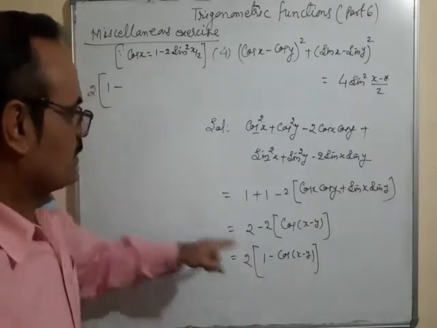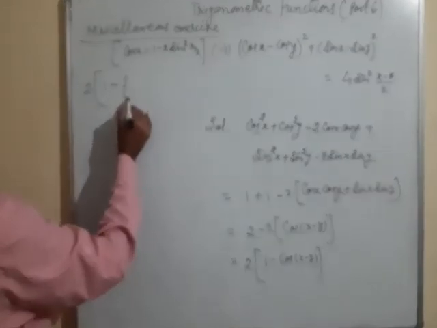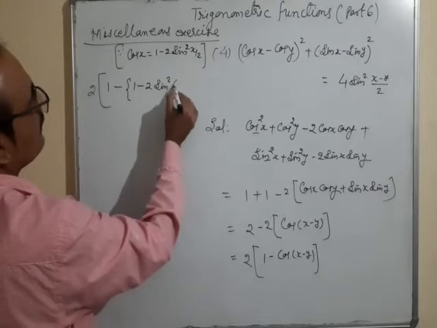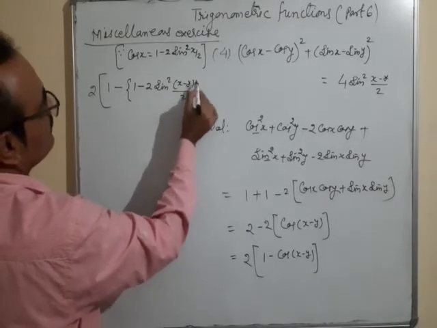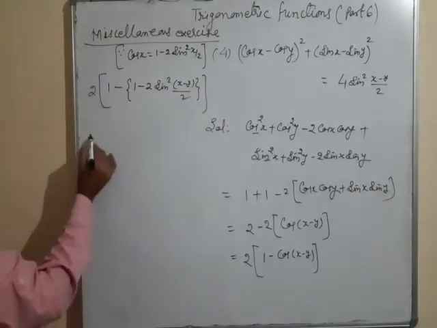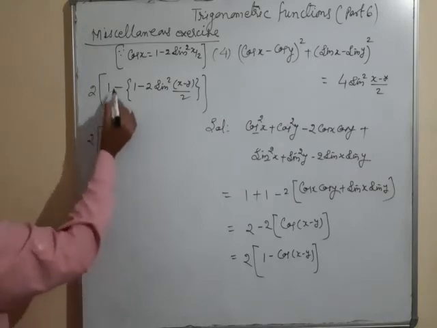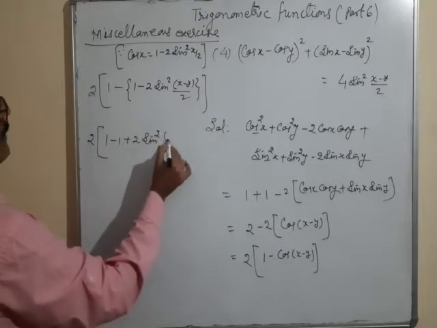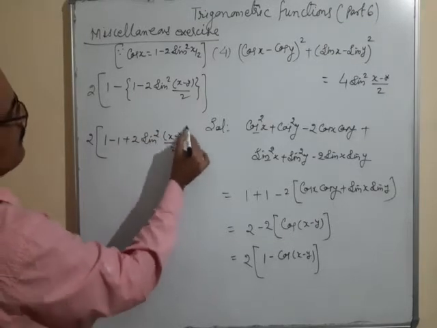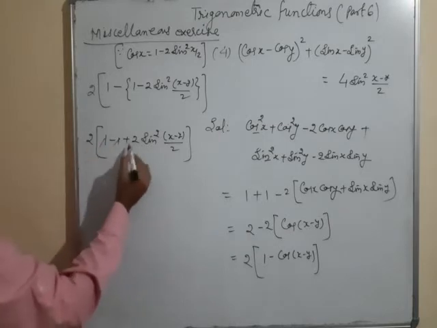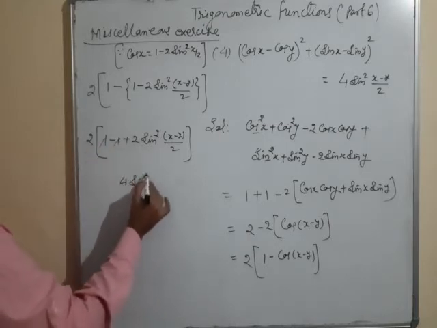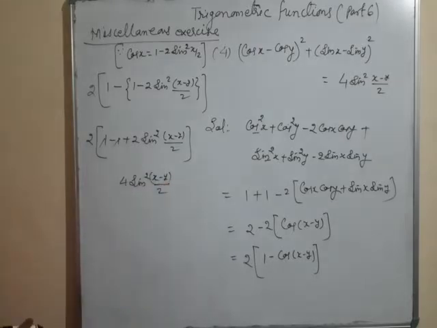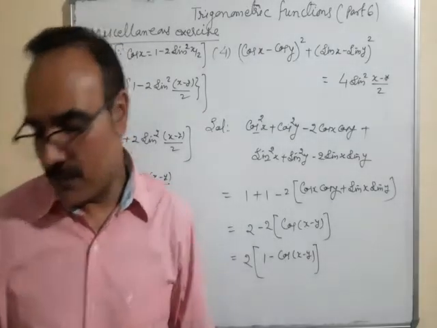So here I can write 2 into 1 minus 1 plus 2 sin square (x minus y) by 2. 1 and 1 cancel, 2 times 2 is 4 sin square (x minus y) by 2. So that is question number 4.